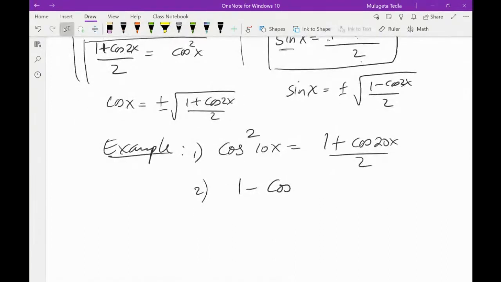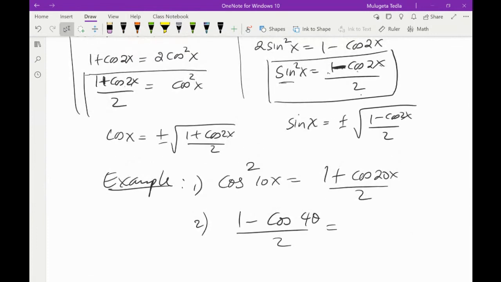So 1 minus cos of 4 theta over 2. What does that mean? Do you recognize it? Isn't it this? 1 minus cos of 2x over 2, where in this 2x, x is 2 theta. So it is sine squared of 2 theta. Is that okay?